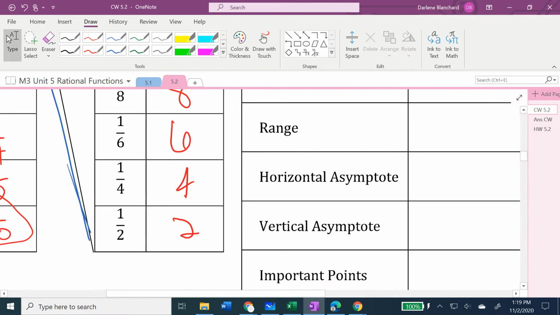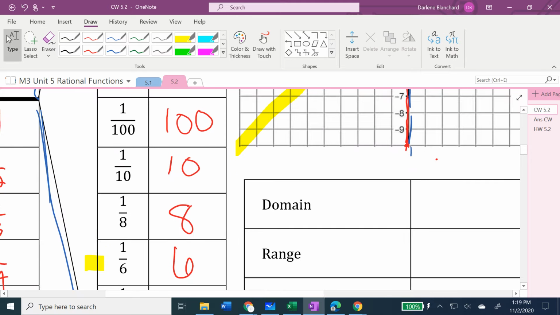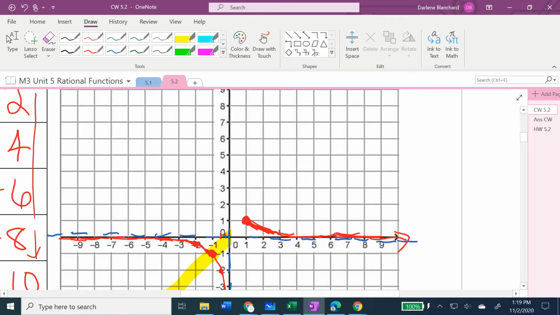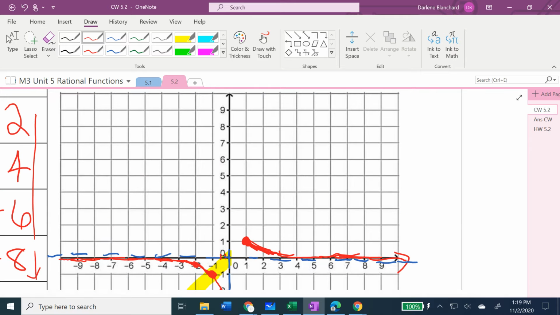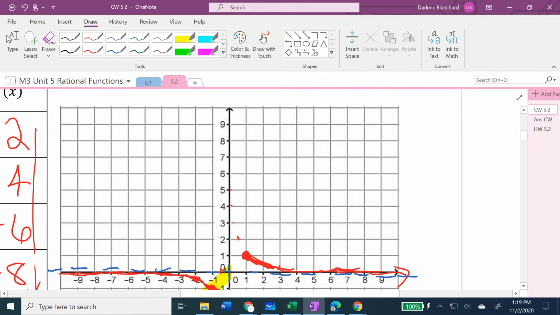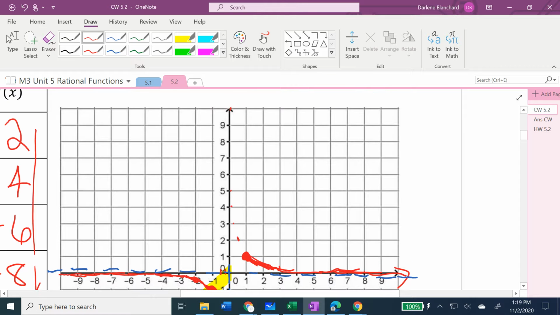Then when I look at the positive numbers that are these fractional numbers, so when x is 1/2, 1/4, 1/6, 1/8, 1/10, I am getting these points closer and closer and closer, but staying positive.